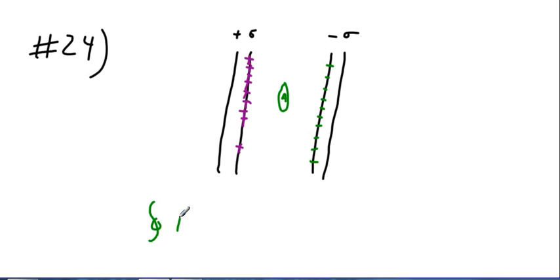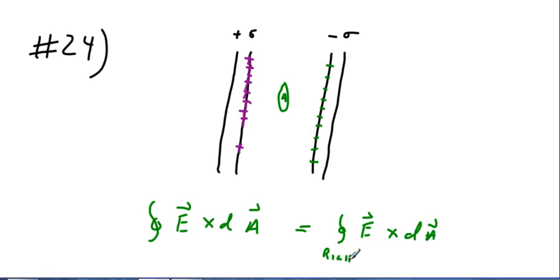So if we do a surface integral of the field across the surface area, then we're going to have the surface integral of the right side of the ends, plus the surface integral of the sides.